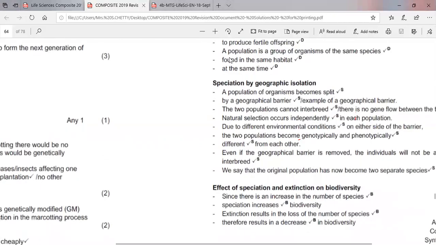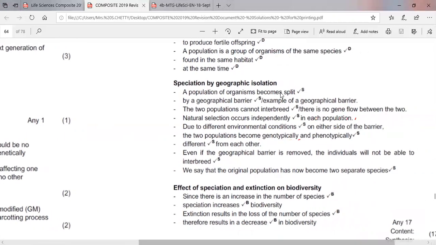This is a general one for speciation by geographic isolation. You can learn this general one, but be able to adapt it. A group of organisms becomes split into two or maybe three. Here they're talking about two by a geographical barrier. The two populations cannot interbreed and there's no gene flow. Natural selection occurs independently due to environmental conditions on either side of the barrier.